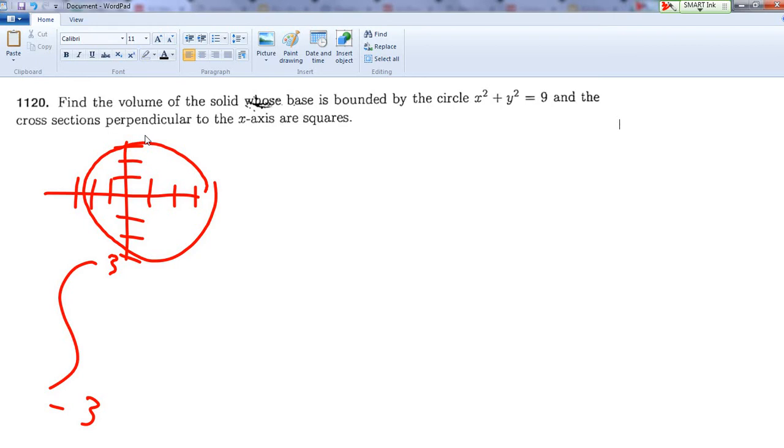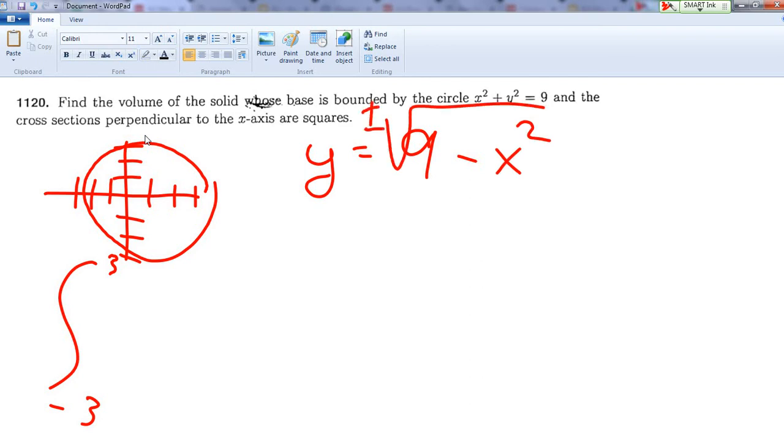Didn't we solve for x too? No. So F is what? X plus 3 minus X minus 3.